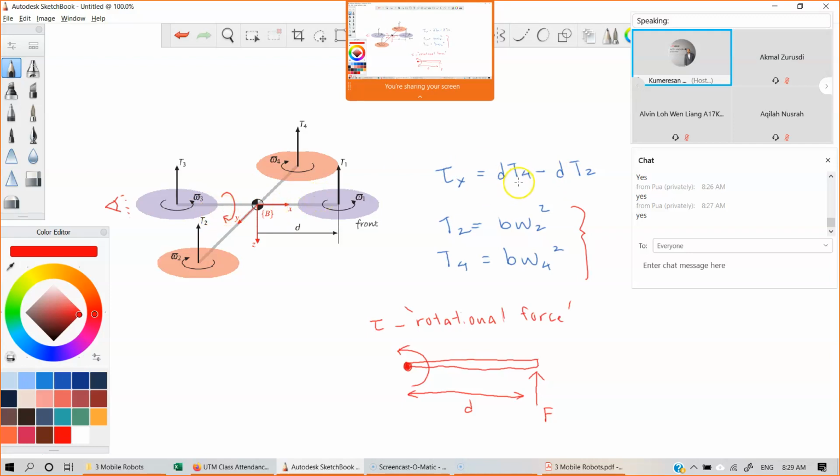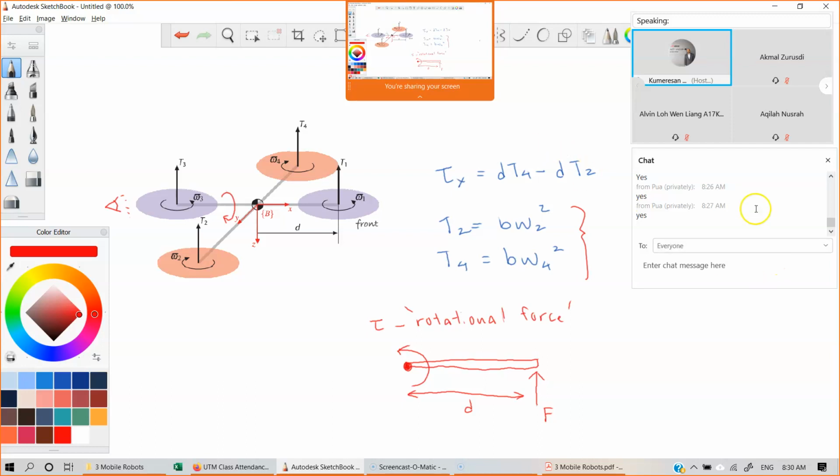If T4 is greater than T2, you have a positive value here. And from the figure, you can see if T4 is greater than T2, you have a positive rotation. And if T2 is greater than T4, this value will be negative, and from the figure you can see when that happens, you will have a negative rotation. So that's all. I hope you understand.